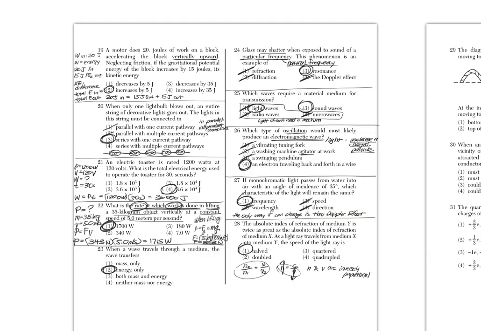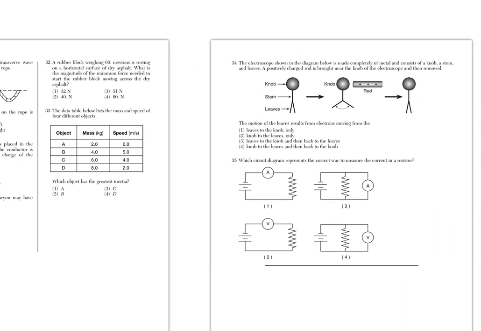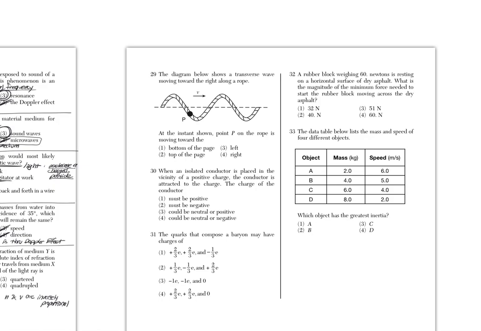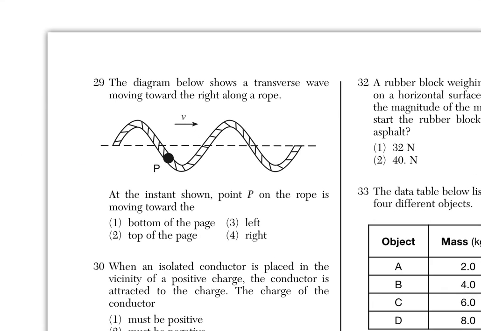All right, there goes that page. Next page, and we're almost done with section A. So here's the next column, numbers 29 through 31, and here is 29. So for 29, we have ourselves a transverse wave. If it's a transverse wave, the particles move up and down relative to the wave motion.